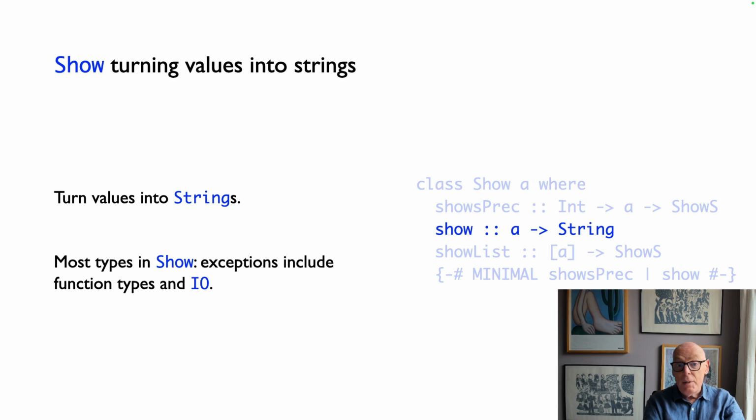For data types, it's possible in many cases to derive an implementation of show that prints the data type as it appears, that is, a value being a constructor applied to one or more arguments. And indeed, most types, apart from function types and IO, can be printed. Now, of course, we can, if we wish, define our own instance for an algebraic type.